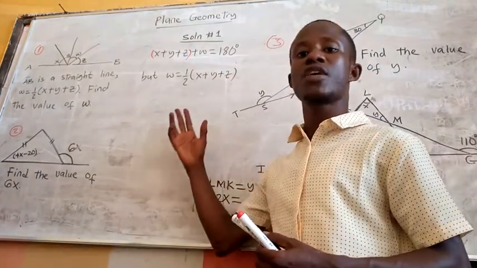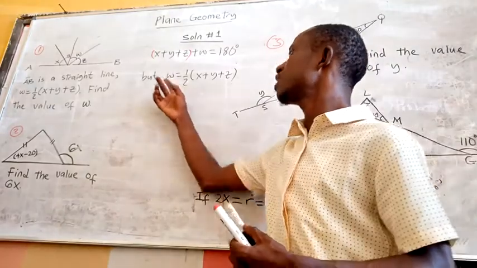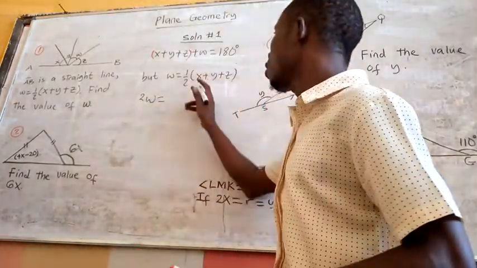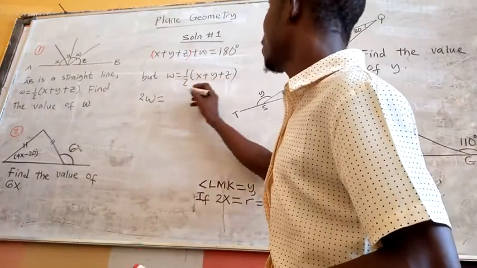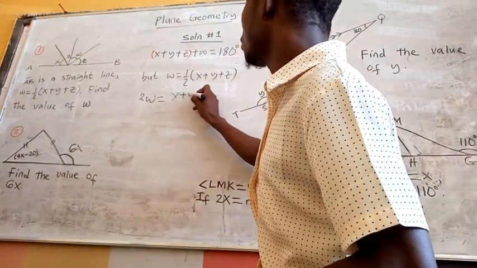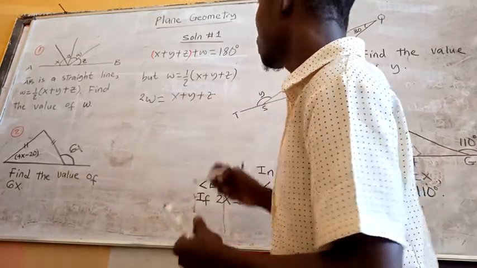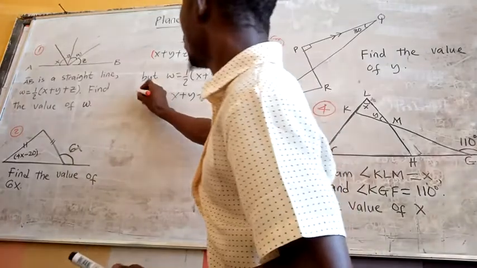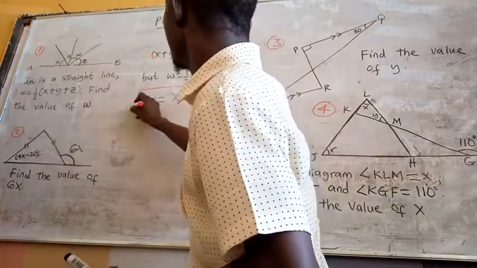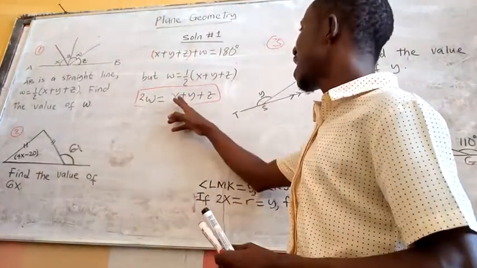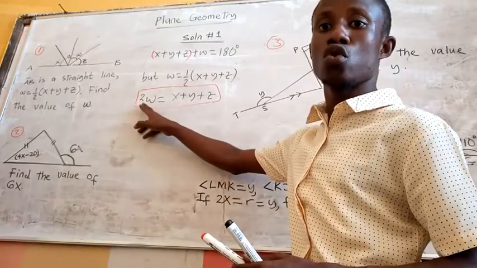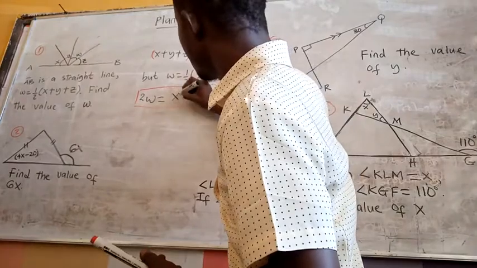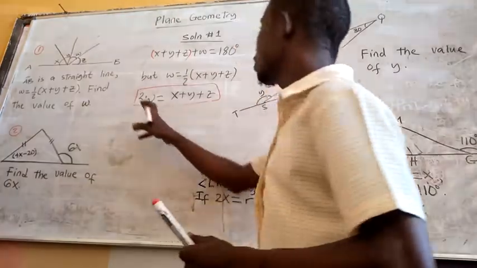We need to eliminate the fraction. So 2 times w gives us 2w, equal to 1 times x plus y plus z, which gives us x plus y plus z. We can clearly see that x plus y plus z is equal to 2w. So when we see x plus y plus z, we replace it by 2w.